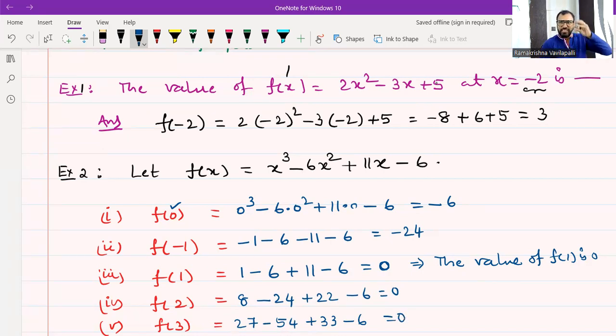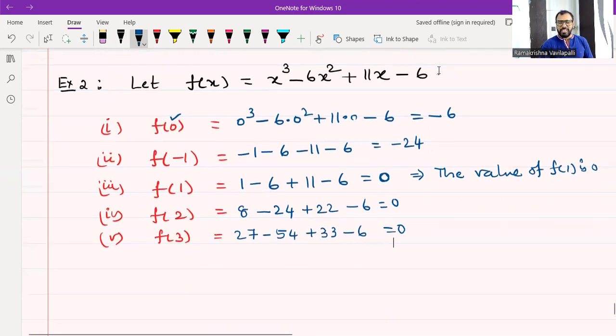Here, at some values, the value of f vanishes. Vanishes means it becomes 0. At some values, the function or the polynomial expression vanishes, means becomes 0. Then what do you call these? So in these expressions here you see we have got that at 1, 2, 3 the polynomial becomes 0.